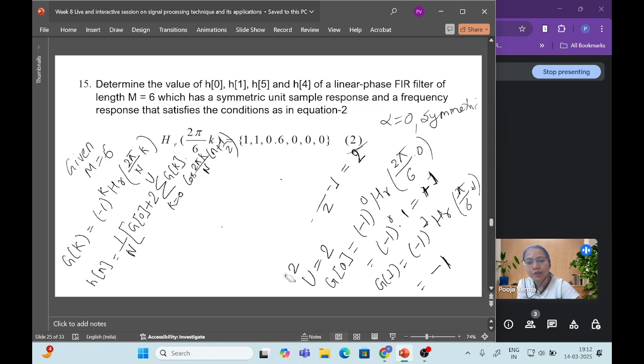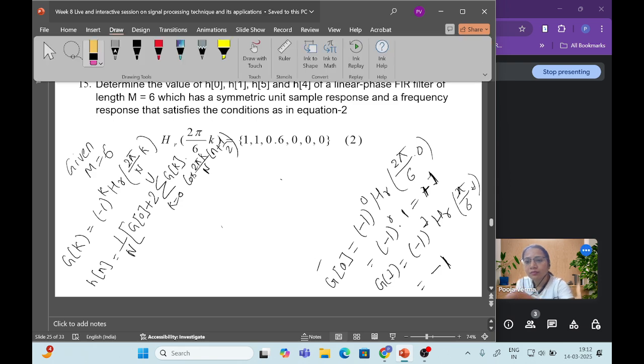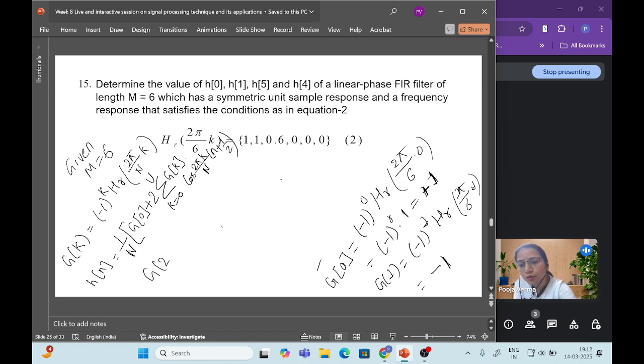Now g2: minus 1 to the power 2, H_r(2π/6 into 2).